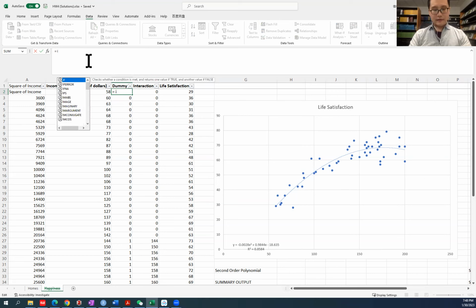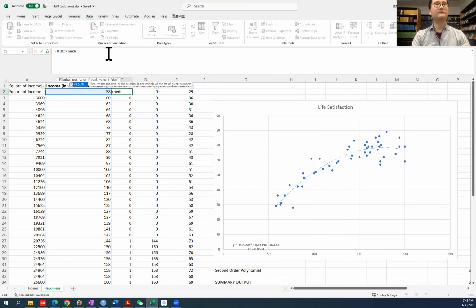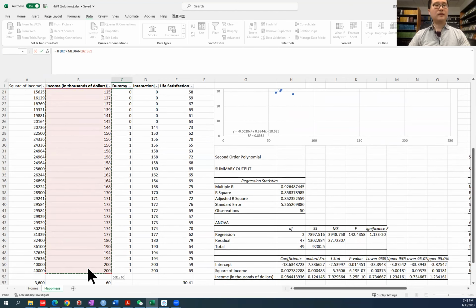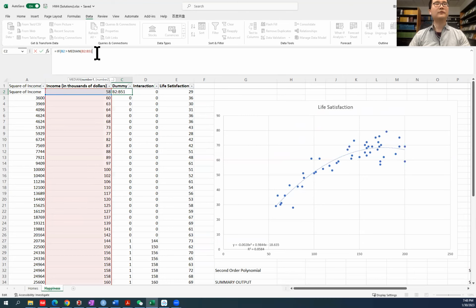And because the value would depend on the result, we need to use an IF term. So if this income is greater than the median value, and this is how we calculate the median. The median value is in reference to the 50 people always, right? So we should use absolute reference.